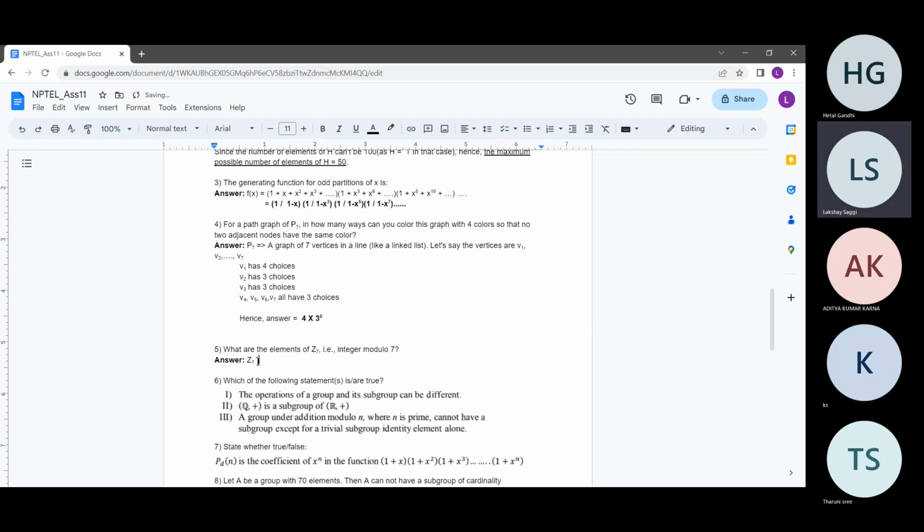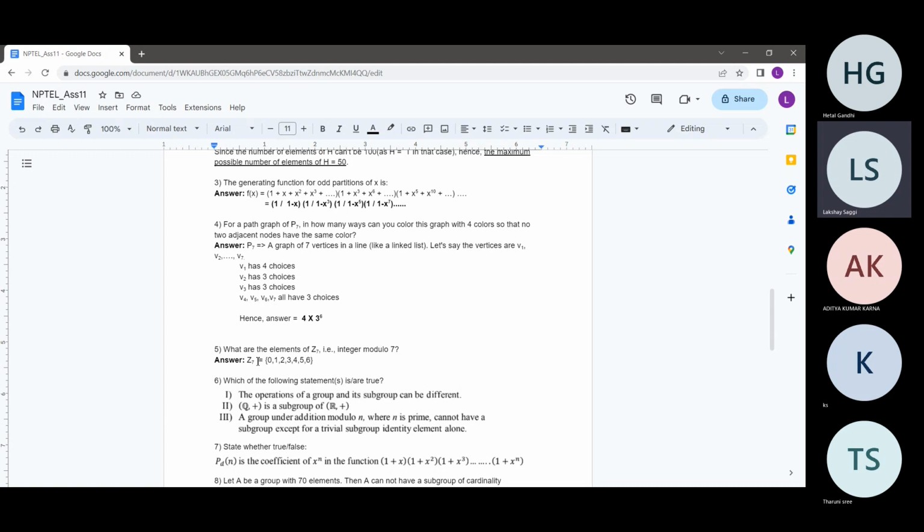So Z7 will be nothing but the set 0, 1, 2, 3, 4, 5, 6. And why is that? Because any integer, when divided by 7, will leave a remainder between 0 and 6. This is the basic division lemma, right?